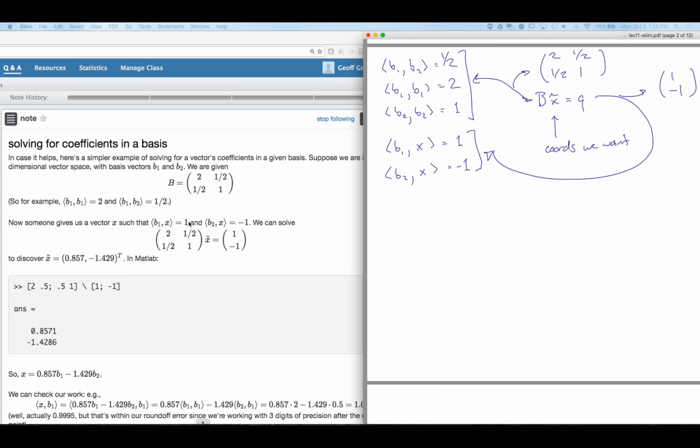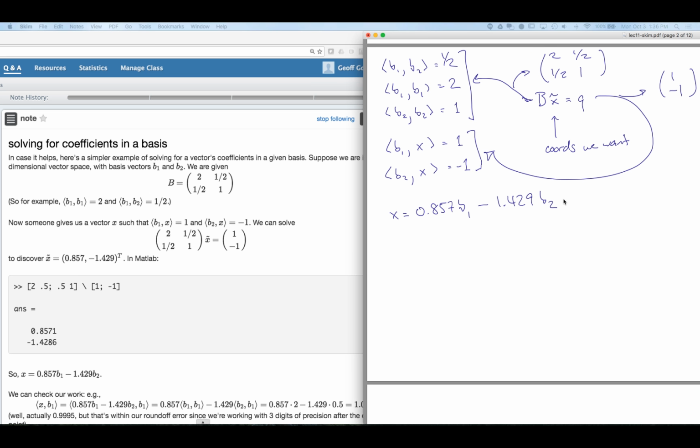And if we give it to MATLAB, we can just solve it to find this value of x tilde, right? And so that means in particular that x is equal to 0.857 b1 minus 1.429 b2.